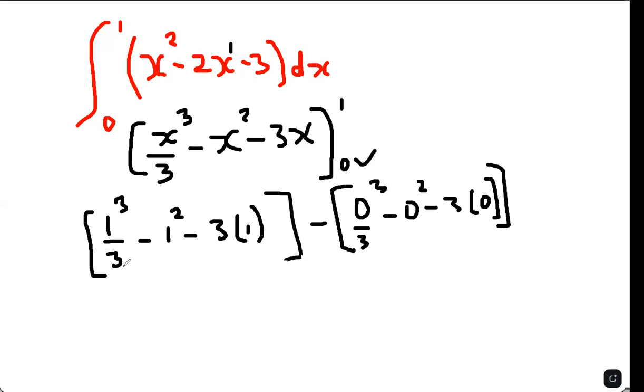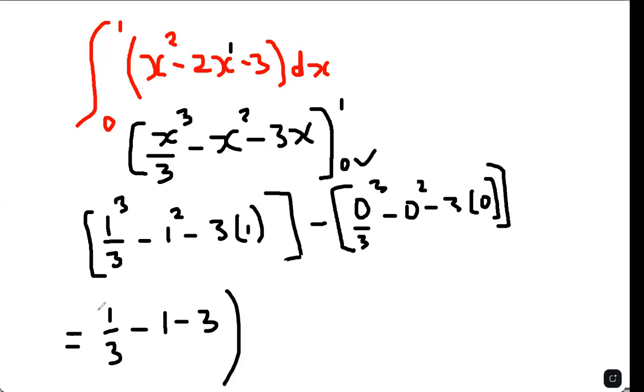That's why it's canceling. So here on the left, what we have is 1 over 3 minus 1 raised to power 1 is just 1, minus 3 times 1 is just 3.